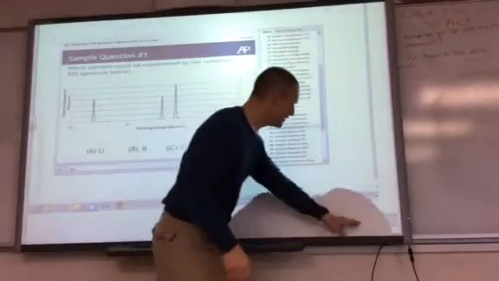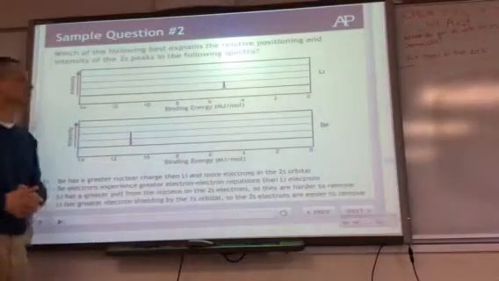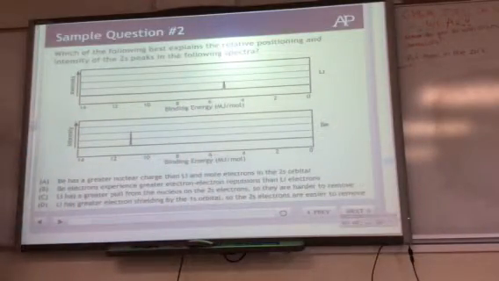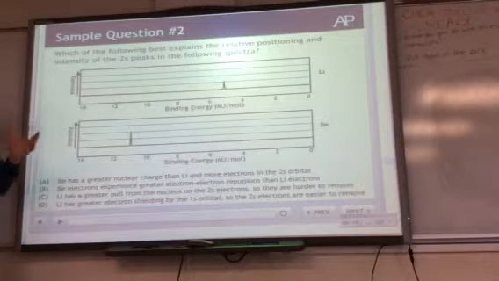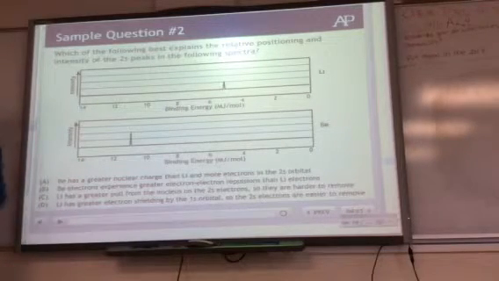And then this one is kind of an interesting one too. I'm not crazy about the way the question is posed, but they're asking you to explain something now, in a multiple choice format. Which of these choices best explains the positioning and intensity of the 2s peaks in the following spectrum?